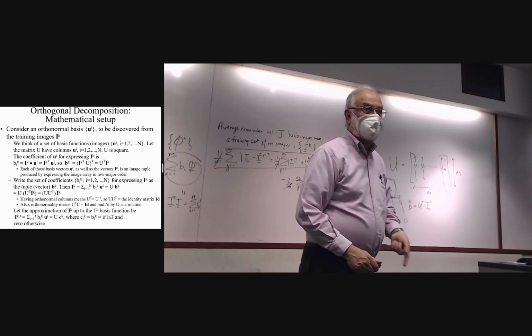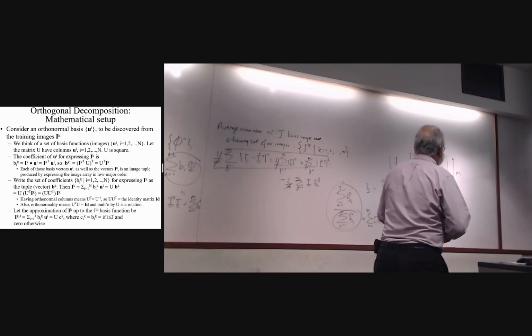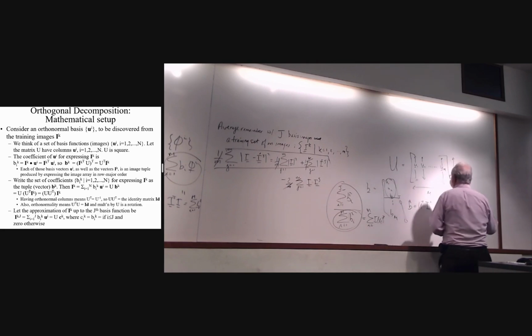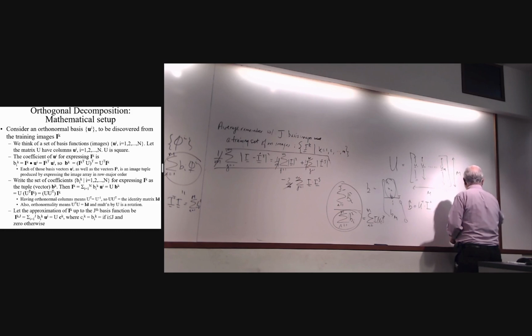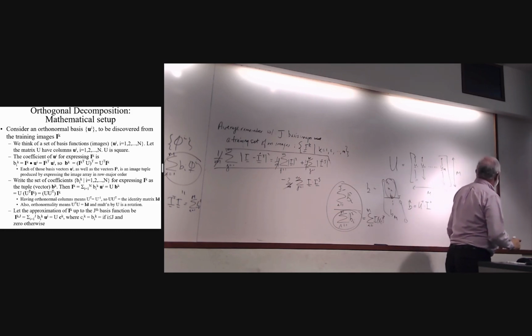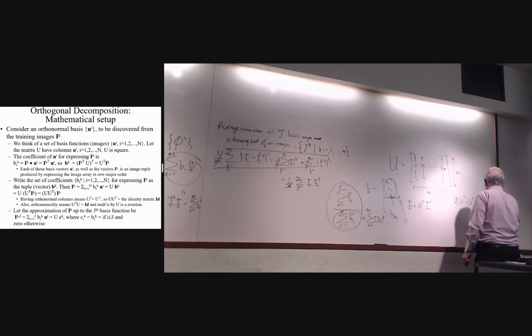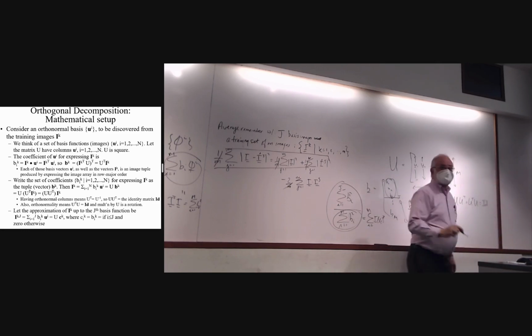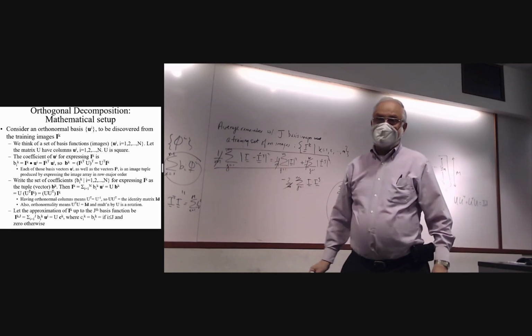If you multiply its transpose times itself, U transpose U, you get the identity matrix, the matrix with all ones on the diagonal, okay?